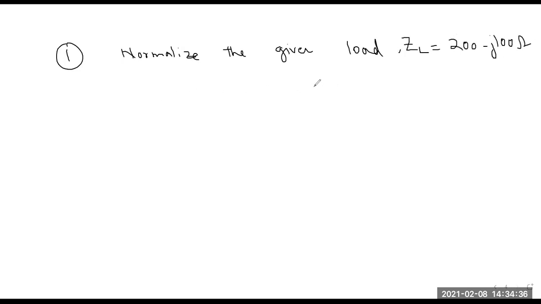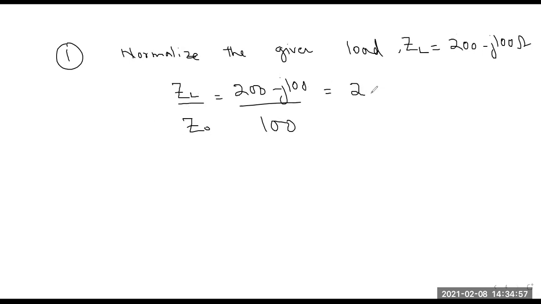For normalization, I will be using Z0, so ZL will be divided by Z0. So 200 minus j100 divided by 100. You get 2 minus j.